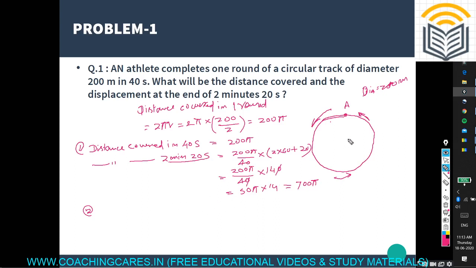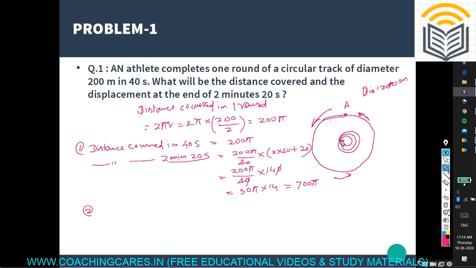So in 140 seconds, one round it is completing in 40 seconds. Second round it is completing again in 40 seconds, that is 80 seconds. Third round it is completing again in 40 seconds, which is 120 seconds. So in 120 seconds it is completing 3 rounds.